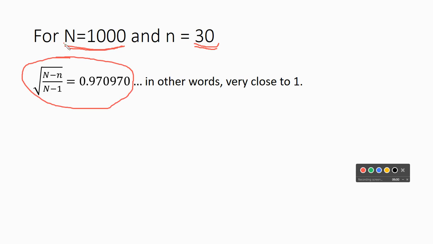And the bigger my population size gets with respect to my sample size, the closer this will be to 1. Since in statistics we're dealing with quite a bit of error all the time anyway, we really don't lose that much by simply assuming this is equal to 1, except when capital N is small.